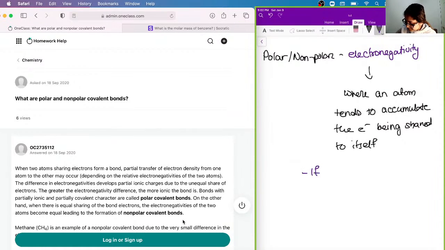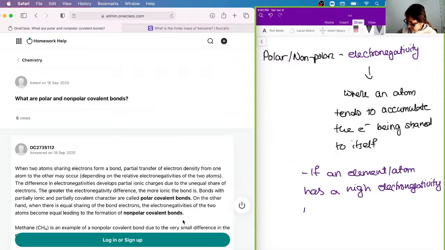if an element or atom has a high electronegativity, it will pull the electron that is being shared towards itself.